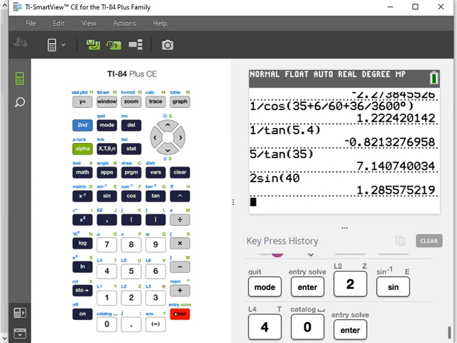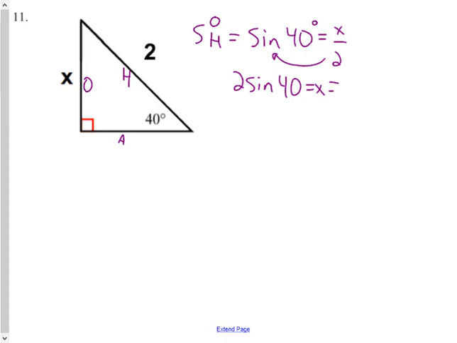I don't need to change modes again, I'm already in it, so 1.286. And in this case, 2 should be larger than my answer, so it does make sense that x is smaller than 2.